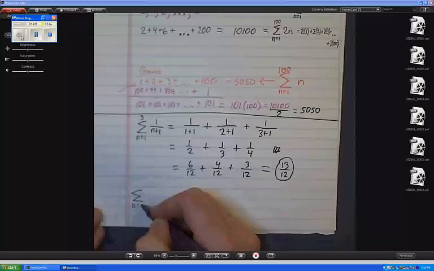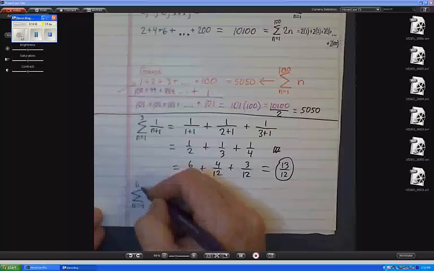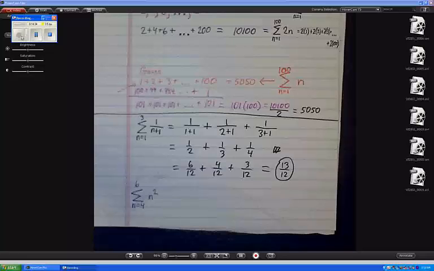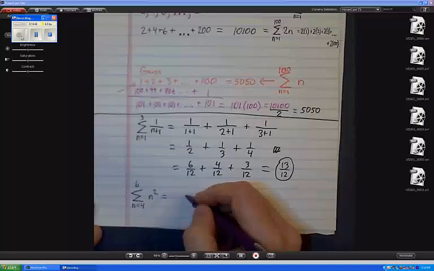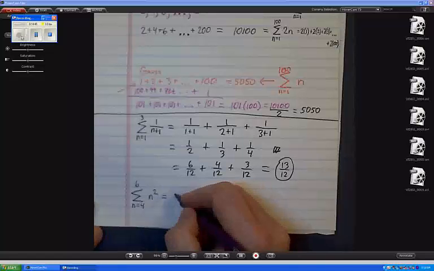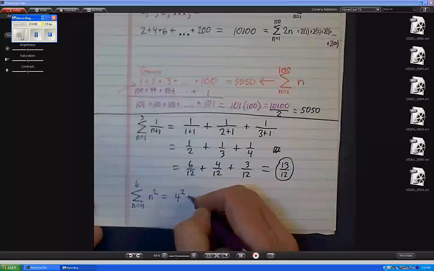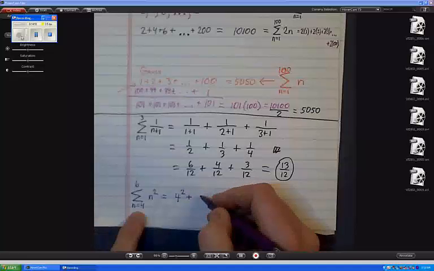Let's try this. The sum from n equals 4 to 6 of n squared. This is easier, right? We can do this. What's it equal? 4 squared plus, see, I started at 4 because it said n equals 4 is the starting point.